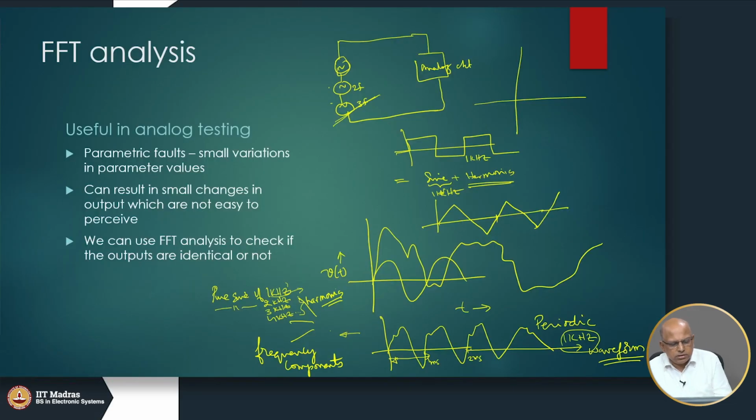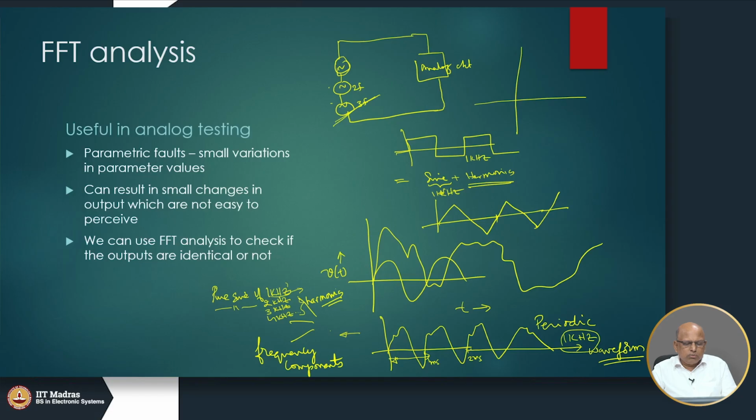So, FFT analysis is useful in analog testing, right, if there are parametric faults such as the resistance may have some variation, right. We can never get exact resistance, we can never get exact capacitance, etc. And these things also vary with temperature, right. I mean, the resistance varies with temperature, right. So, because of these parametric faults, there may be some variation in the frequency. Okay.